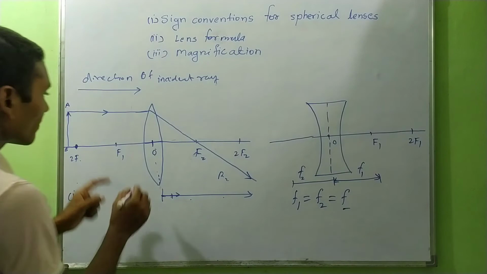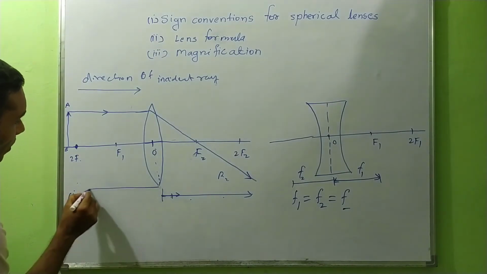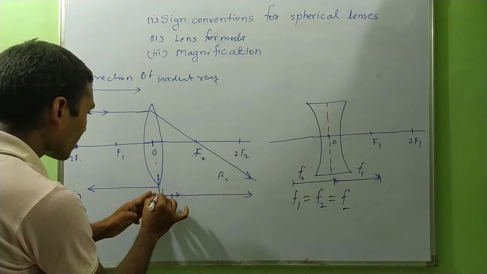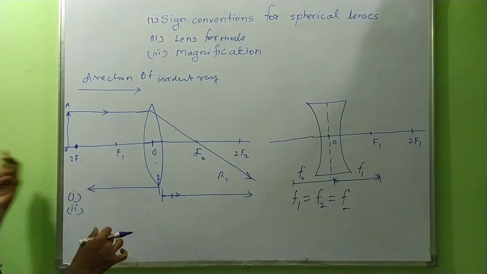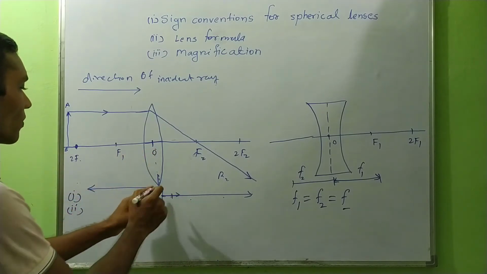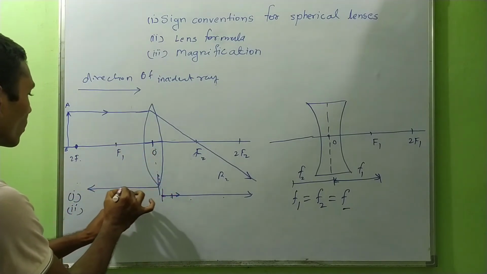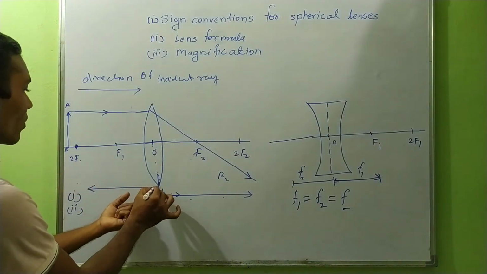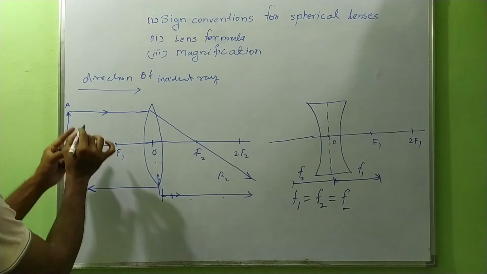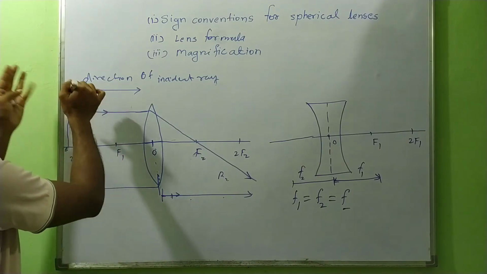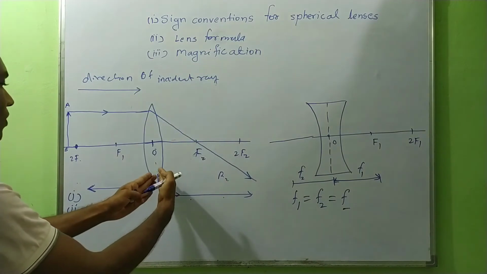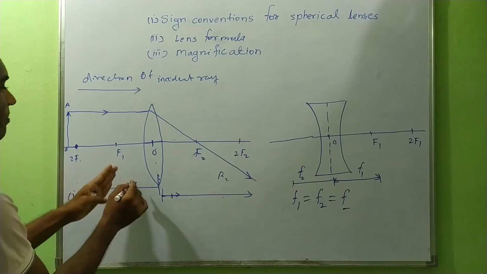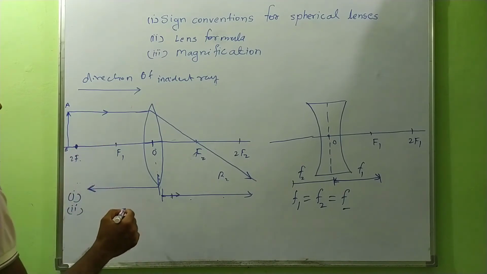To measure the distances in the left hand side of the lens, we are going from point O to the left hand side. The direction of the incident ray is left to right, and we are going from right to left, so the distances will be negative in the left hand side.